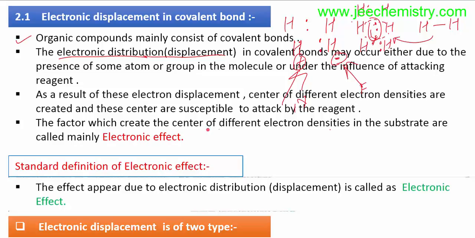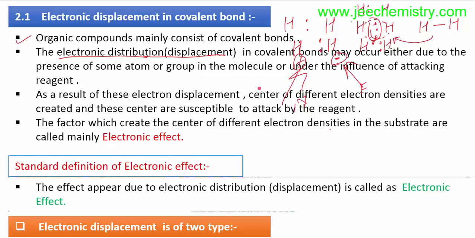The factor which creates the centers of different electron density in the substrate, on the reactant side, is called the electronic effect.